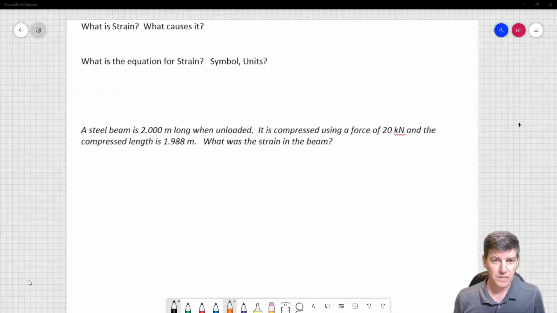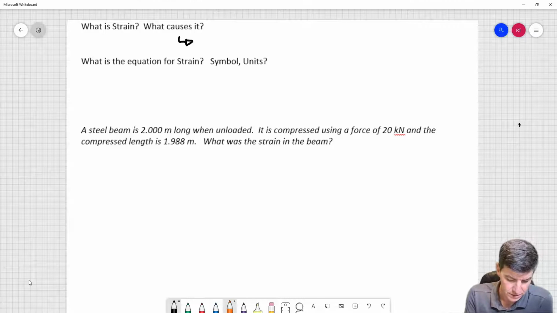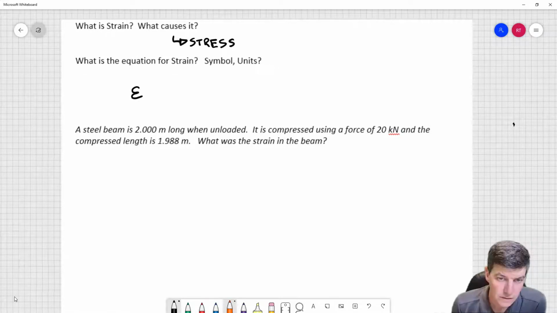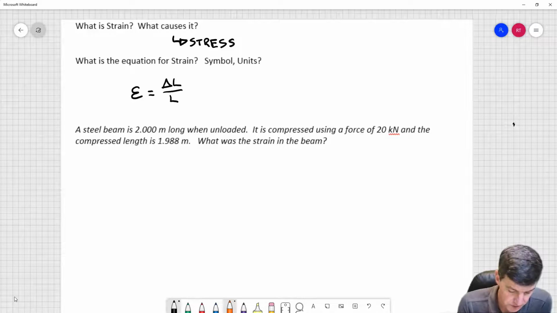Okay, so what is strain? Well, strain, as we said, is a way we measure a change of length in a material, and it's caused by a stress. So a stress causes a stretching, and we quantify that as strain. And strain uses the symbol epsilon, so it's this sort of scripted E, and it's our change of length compared to the original length.